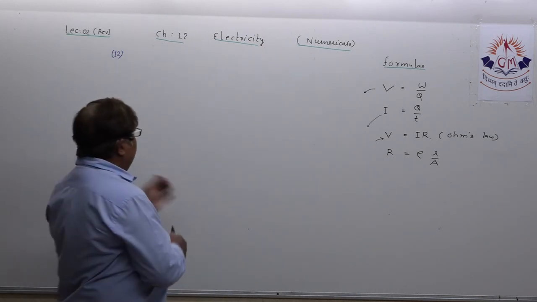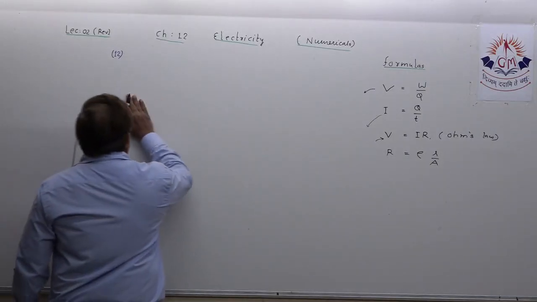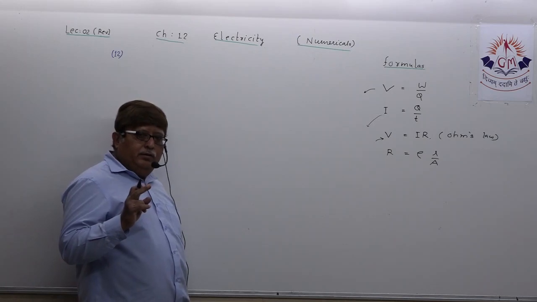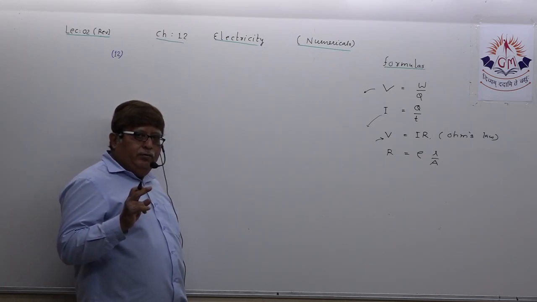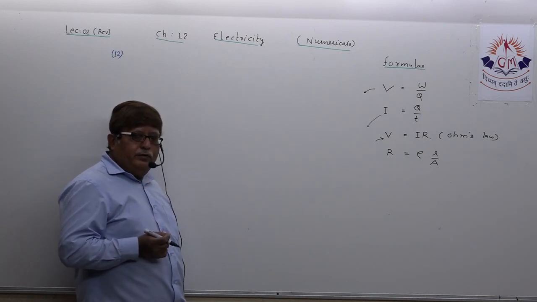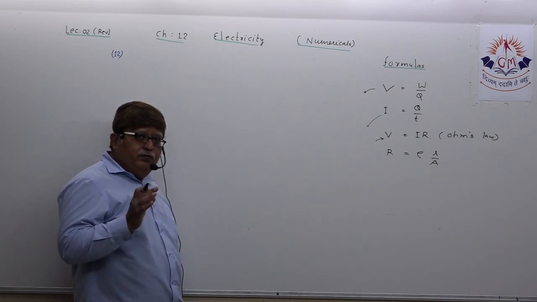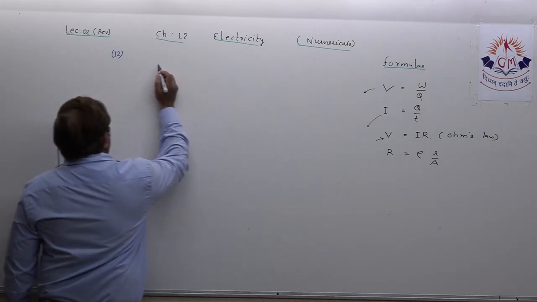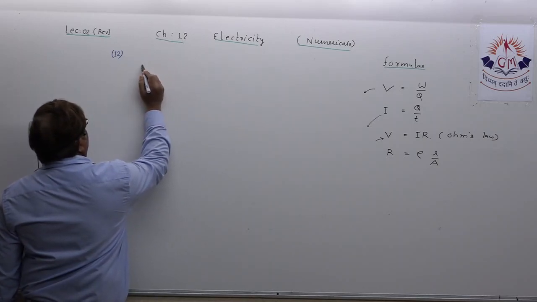See, what we are doing is that a wire has length L and area of cross section A and resistance, how much is given? 4 ohm. First, you don't think of those values, just you write this way.